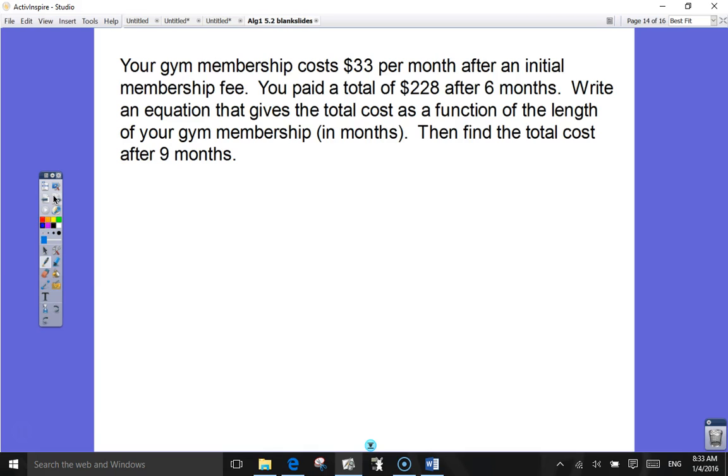What's the equation for the cost? Remember that just like on the last problem, if we have y equals mx plus b, the b is the fixed cost, the thing that doesn't change for how many months you're in there. What is that?